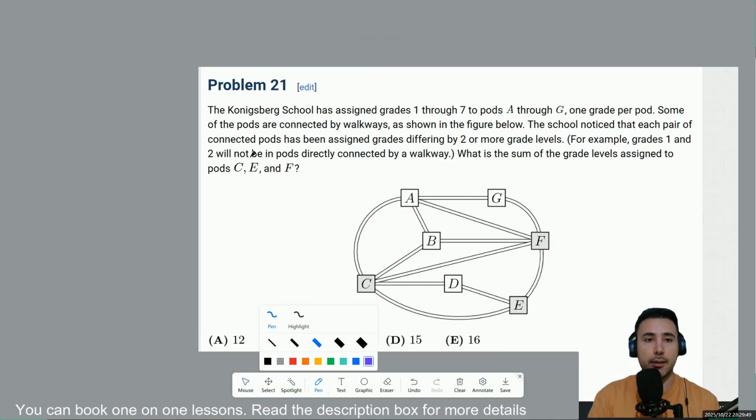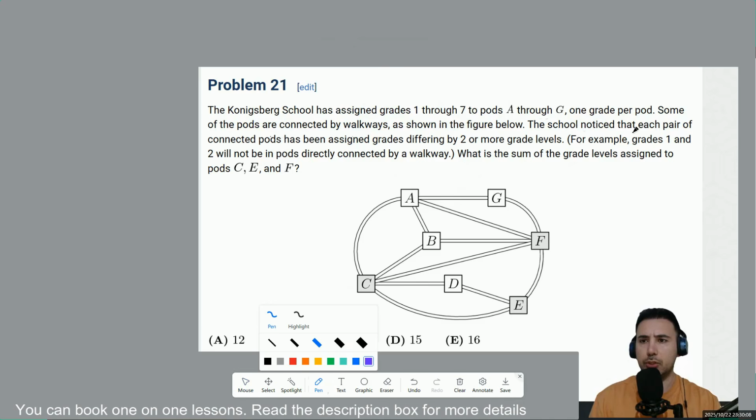So the K school has assigned grades 1 through 7 to pods A through G. 7 letters, 7 numbers. 1 grade per pod. Some of the pods are connected by walkways as shown in the figure below.